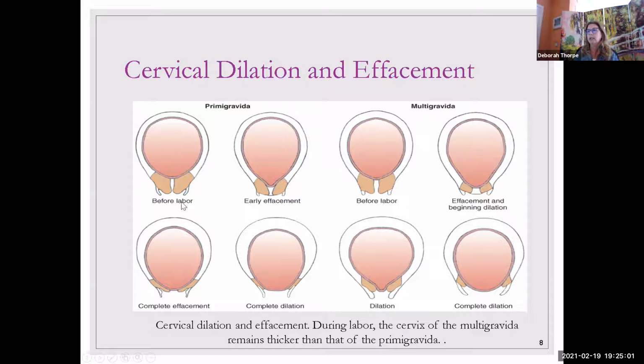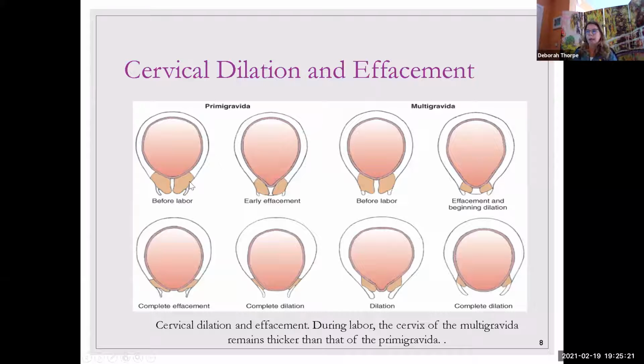Okay. Here is a prima gravida. What is a prima gravida? First time pregnancy. First time having a baby. Yes. And a multigravida then is someone who's had a baby before, even if she's just had one baby.